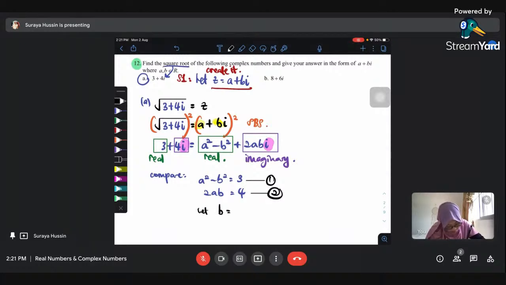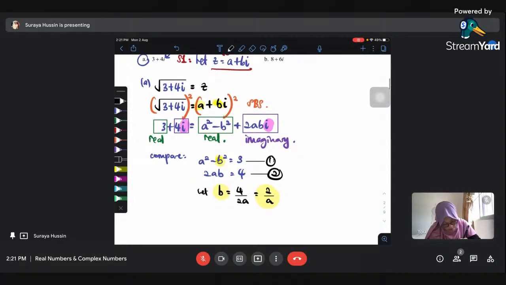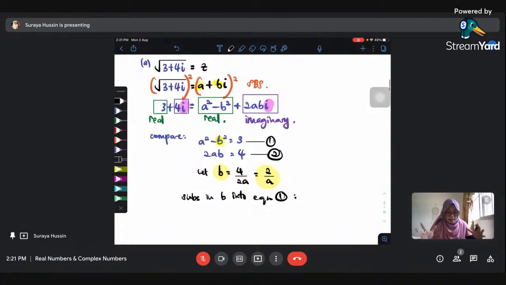Okay, you let B is equals to 4 over 2A. 4 over 2A boleh disimplify menjadi 2 over A. So please highlight B is equals to 2 over A sebab dia boleh dimasukkan ke dalam equation pertama tu. So sub in B into equation 1.